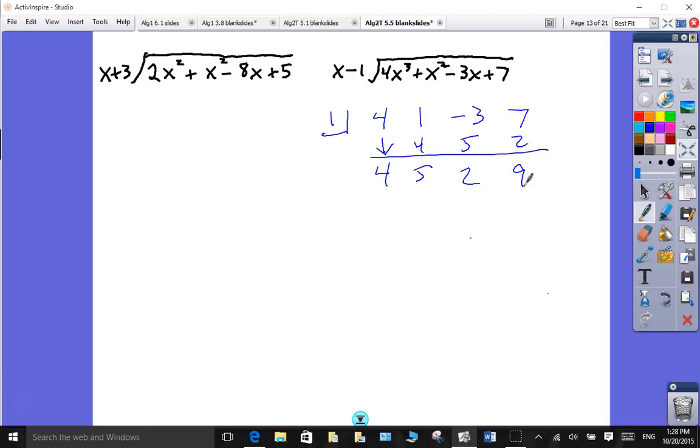Does that look right? So what does that last row of numbers mean? It means 4x squared plus 5x plus 2, plus the remainder 9 over x minus 1.